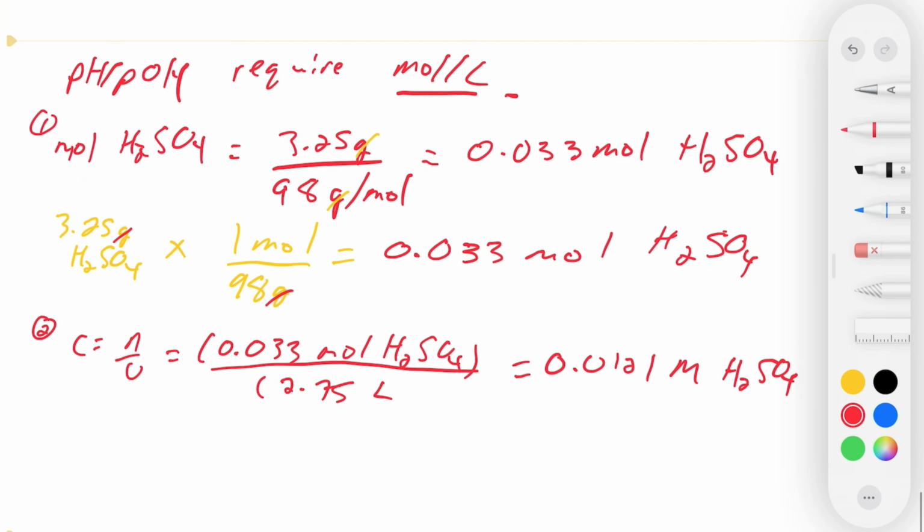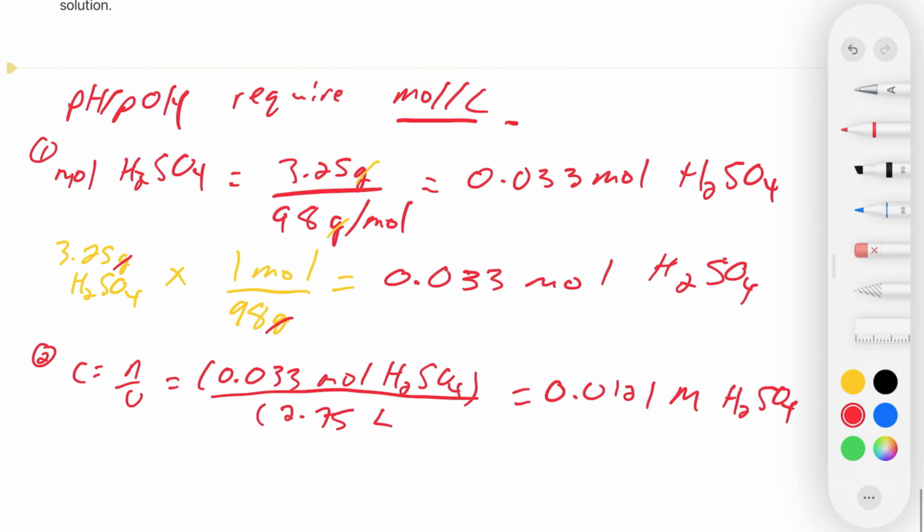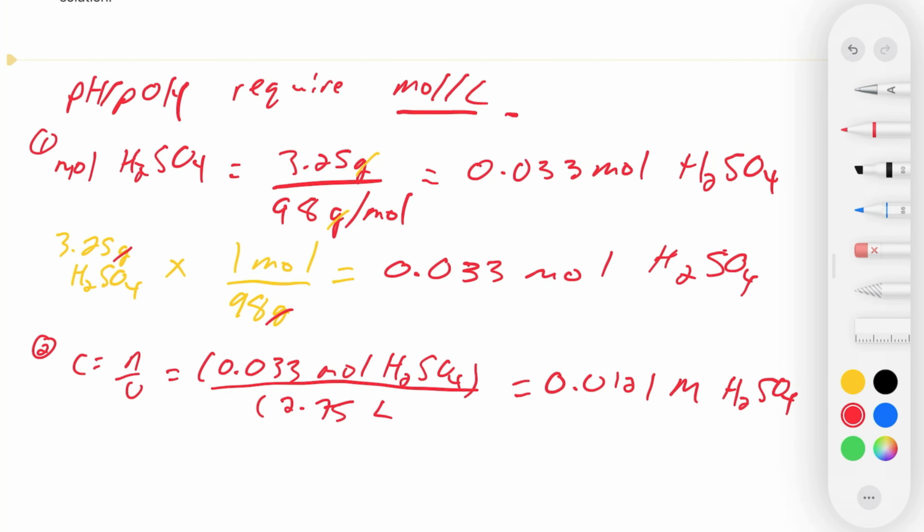Now, since this is a strong acid, you would see that it's in the top 6. Then we can say that your H2SO4 concentration is equal to the H3O plus concentration that it would yield, because it ionizes 100%.